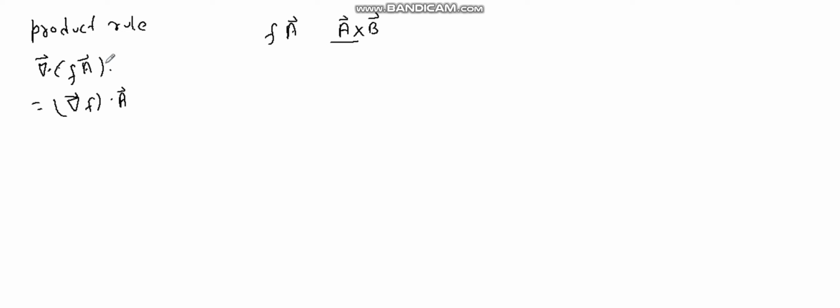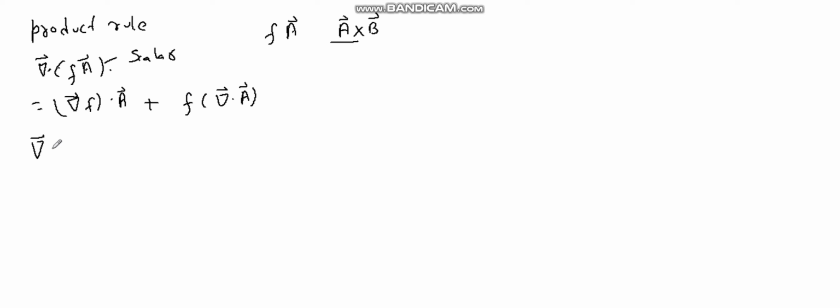Of course this answer is going to be a scalar quantity, and this is a scalar, plus, not a, it should be f del dot a, right? So we have to prove this.